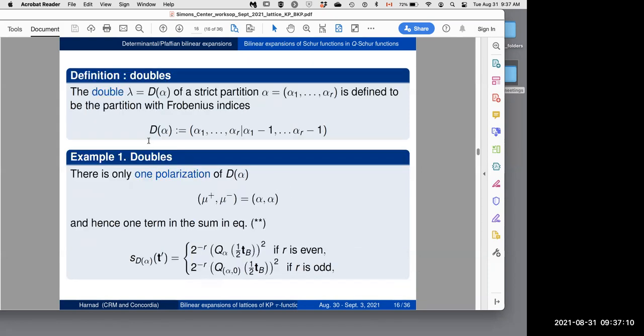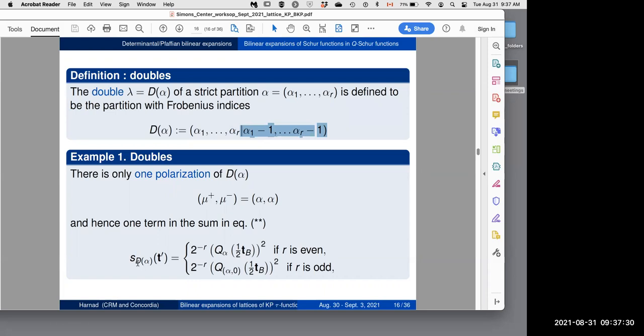Something also from MacDonald's book is called a double, where in terms of Frobenius indices, the first part is the same as the second part minus 1 in every part. That's called a double. And that gives me a chance to cite an example of the previous identity.